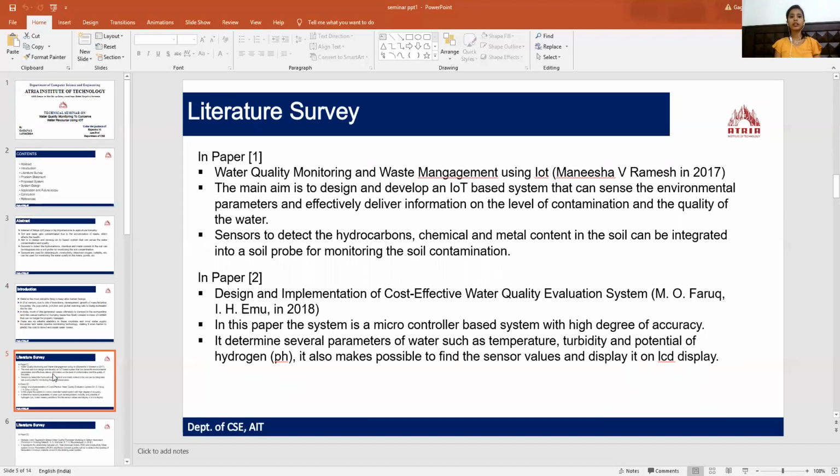For this project. In paper 1, the topic is water quality monitoring and waste management using IoT. This was published by Manisha V. Ramesh in 2017. The main aim of this paper was to design and develop an IoT-based system that can sense the environment parameters and effectively deliver the information on the level of contamination and the quality of water.